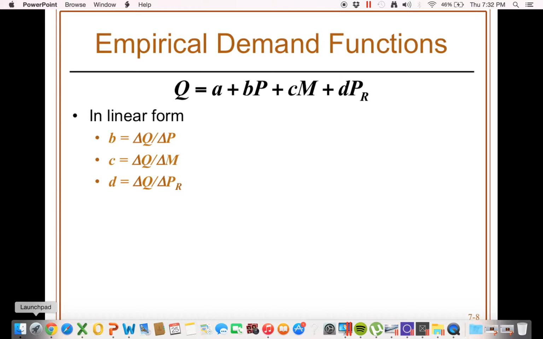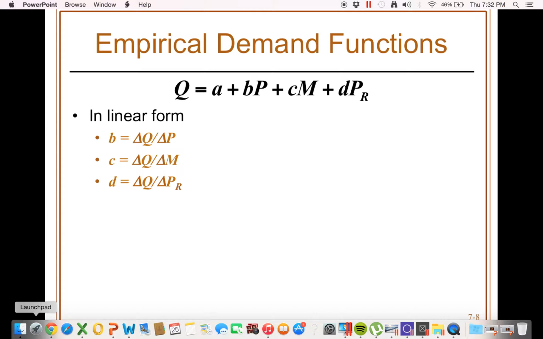So let's stop here and ask ourselves, what exactly is this saying? Why are they doing this? Just to confuse you? No. They are trying to ask questions like this: if I raise my price, what's going to happen to the quantity demanded? B tells you that.